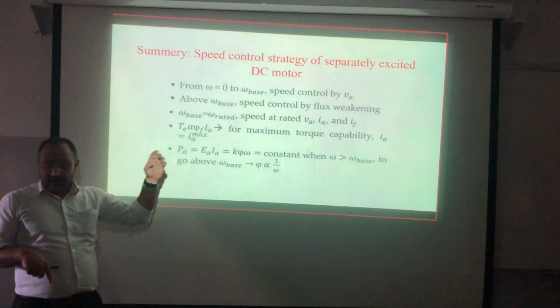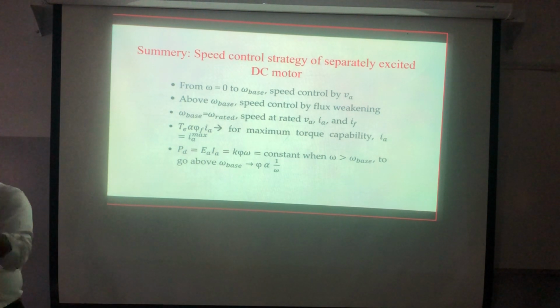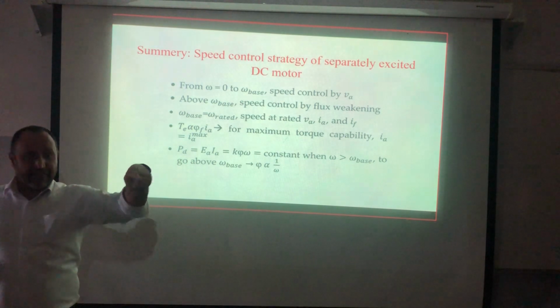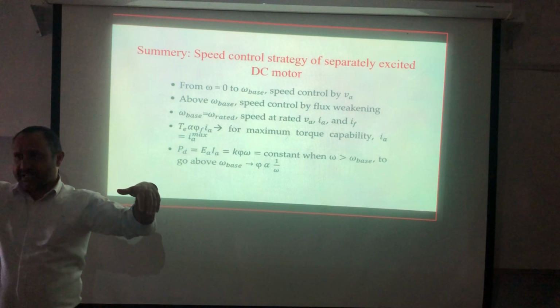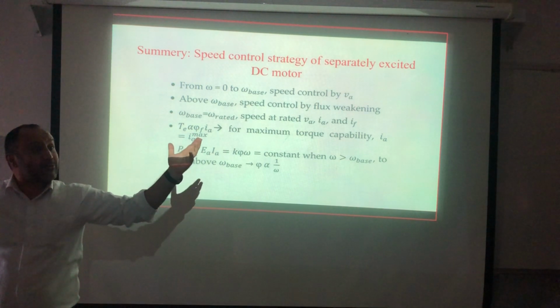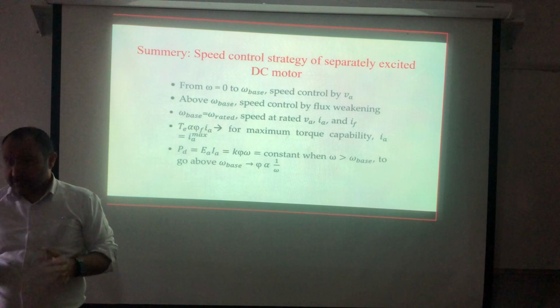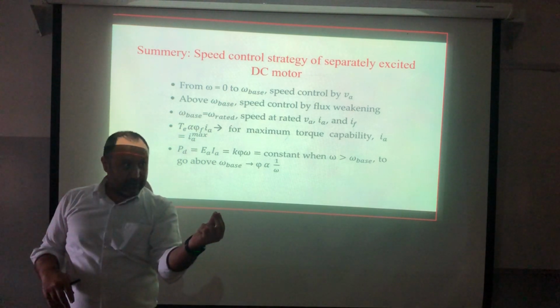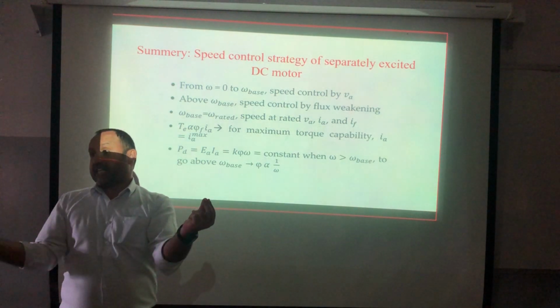Why? In the flux weakening, I'm fixing VT, and to achieve maximum torque, the current is constant at the maximum. So EA should be constant, yes or no? I'm fixing VT, and I'm fixing the maximum current.